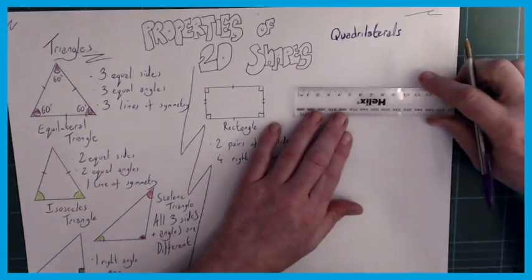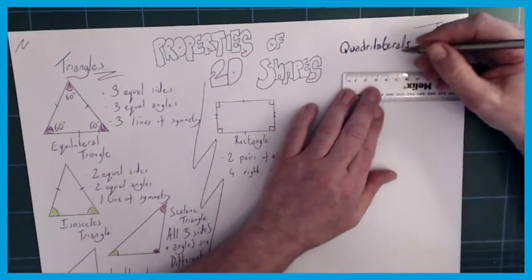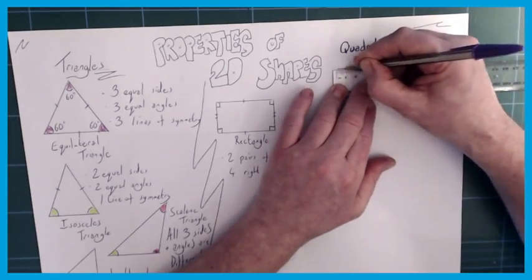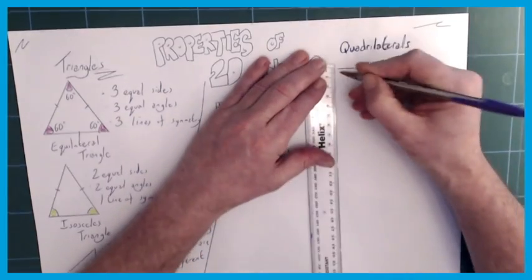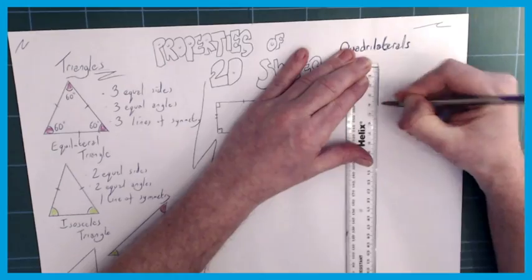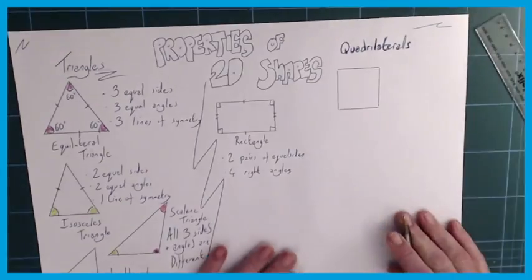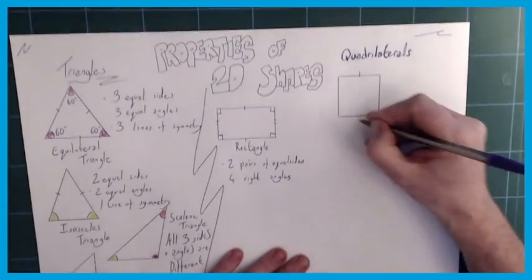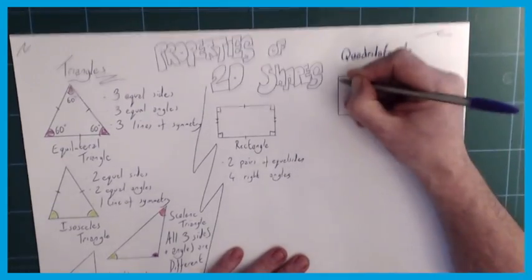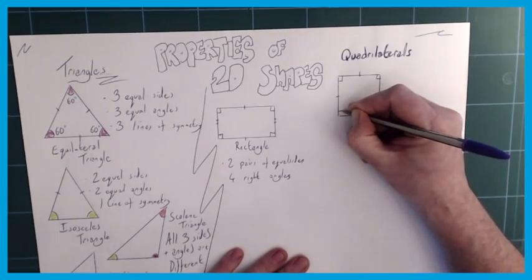Look at a special rectangle now. I'll put it up here. And this special rectangle has 4 equal sides and 4 equal angles.